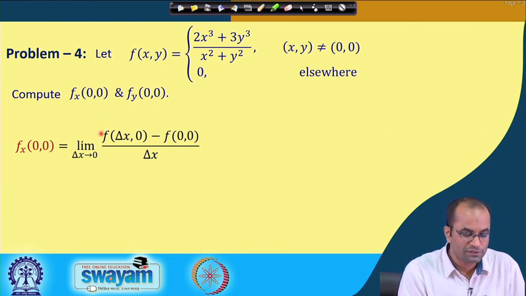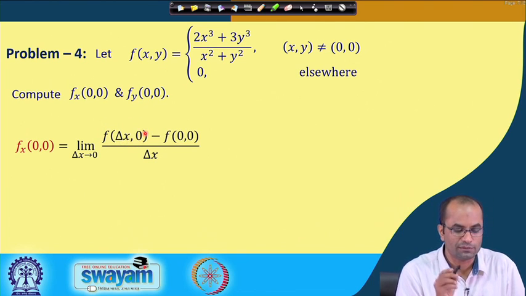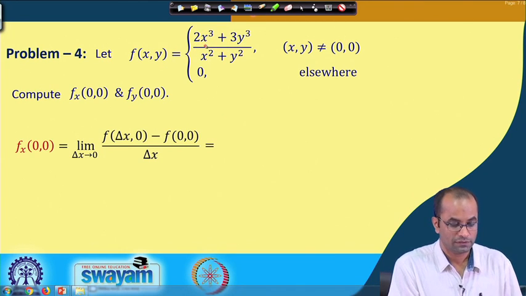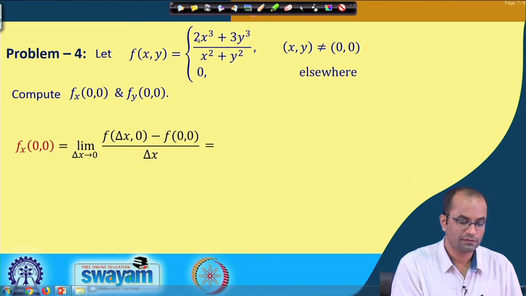We substitute f(Δx, 0), so y will be set to 0, and this function will become simply 2 times x.